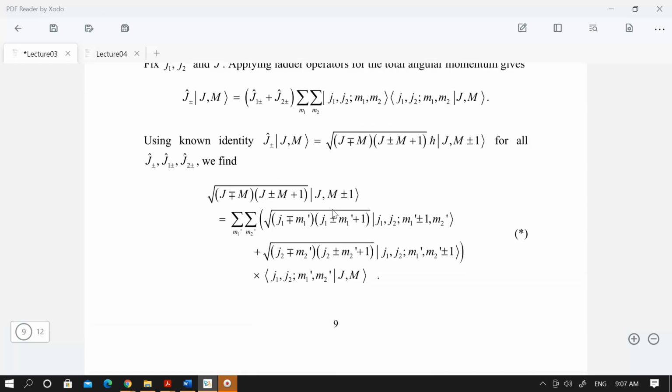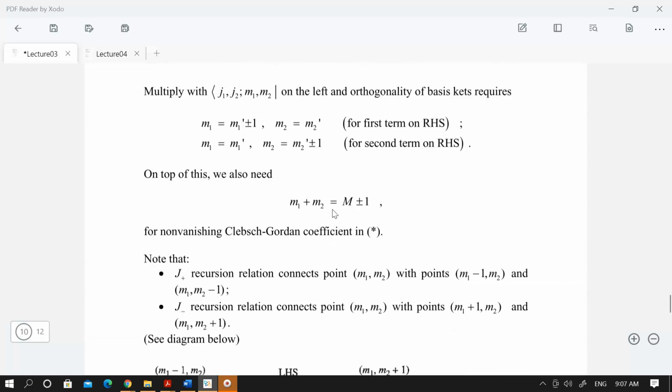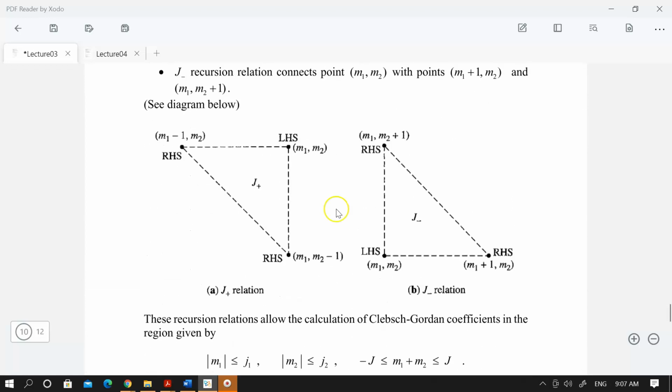And similarly for your J minus, you have a different triangle. So if M1, M2 is here, it should come from a J minus acting on this state and J minus acting on this state.